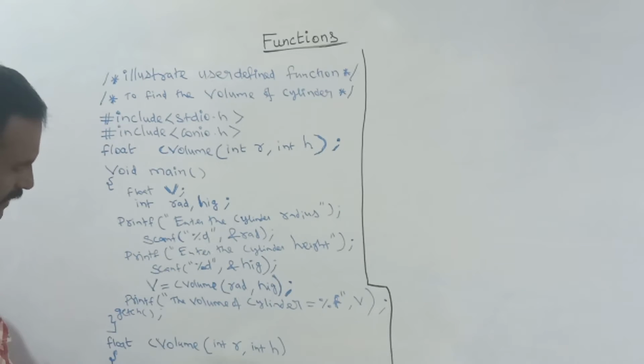Next, after opening the brace, I am declaring the variables. For understanding I am writing integer arg1, comma, arg2.